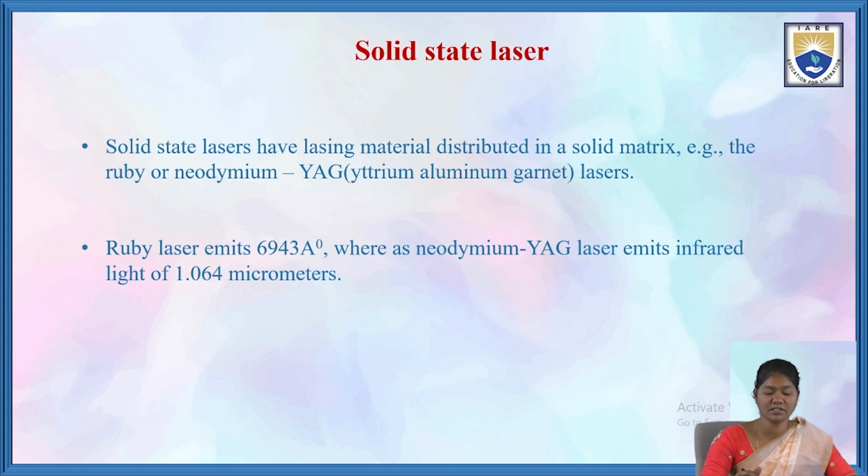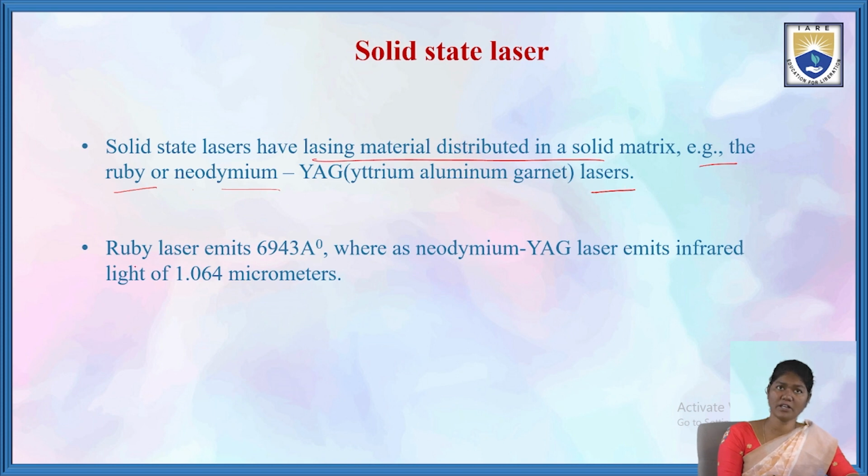The solid state laser has lasing material distributed in a solid matrix. For example, the ruby laser, which is the first solid state laser, or the neodymium, yttrium, aluminum, garnet laser.